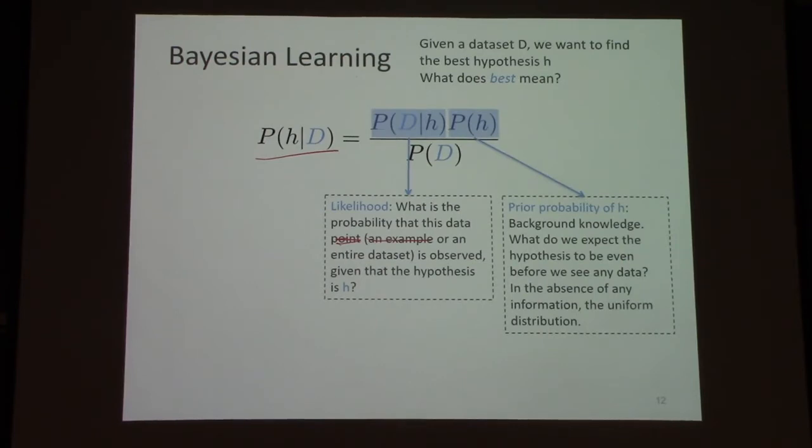So anyway, the first term here, the prior probability, is asking what is the probability that a hypothesis, a classifier, is the true classifier without ever seeing a single example.